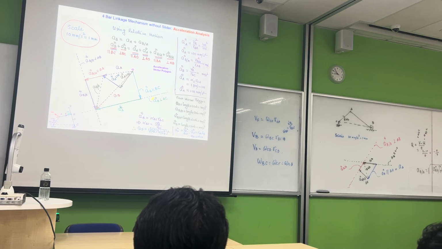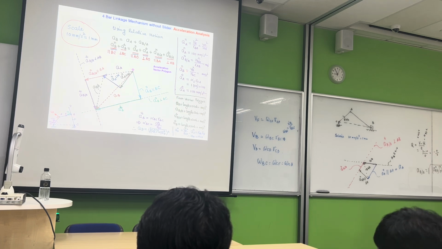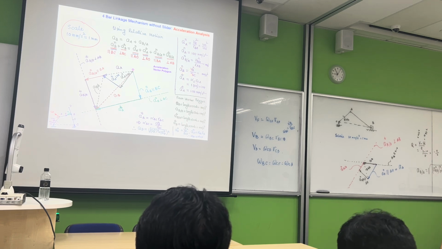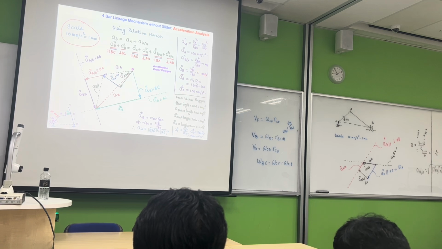You will get that value from your velocity vector polygon, so it is also known to us. And then for the link BC, ABN equals VB square by RBC. That VB we also know from our vector polygon, so we know its value.